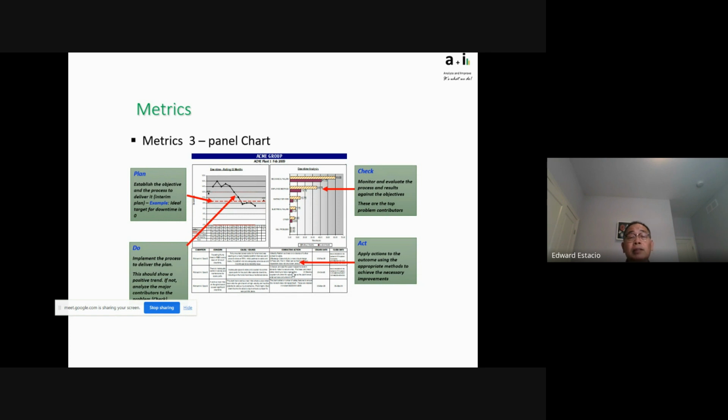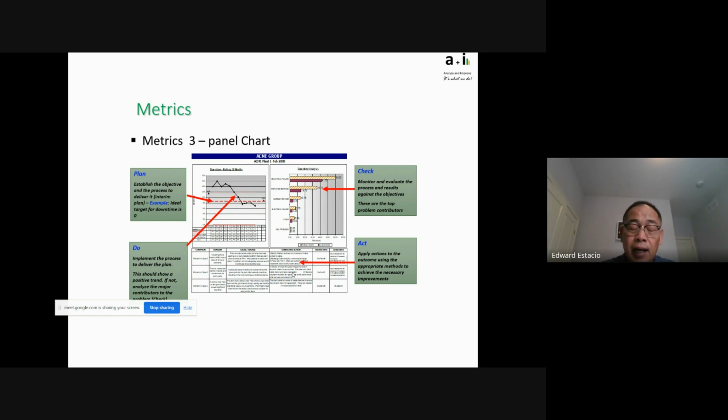When we look at those trends, if we're not seeing any trends at all and still staying above or below the targets, then that is the checking part. We need to break down what is causing all this. We need to monitor and evaluate the process. What's causing all that?